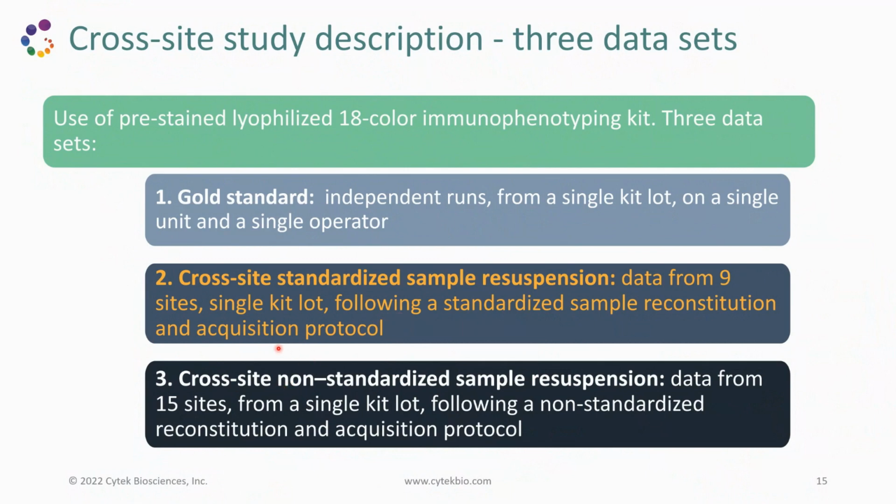Then we were very interested in what happened if we relax this protocol for resuspension and acquisition a little bit, and we're going to show you data from more sites showing the impact of relaxing what happened at the sample level. So the second data set allows us to clearly focus on the contribution of the instrument in the variation across sites. The third one allows us to see the impact of the sample.